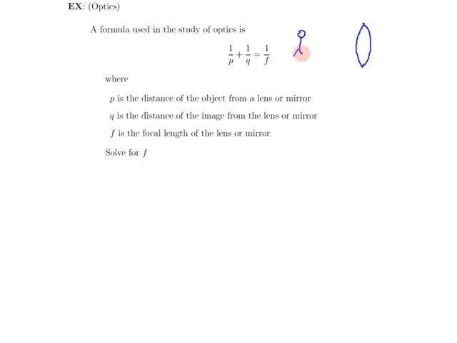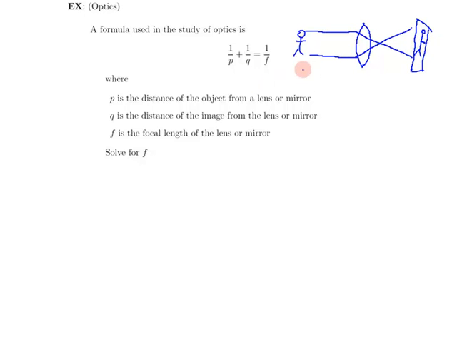Say this is me right here. And then my image is traveling to this lens, and the lens refracts my image, and then it comes into focus on some wall over here. You see me showing up on this screen.